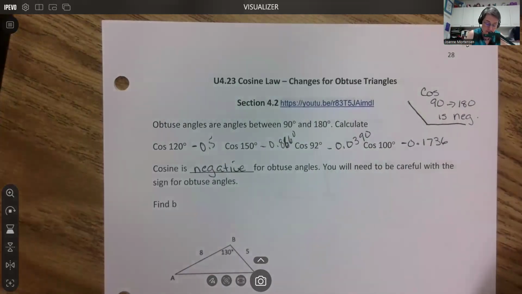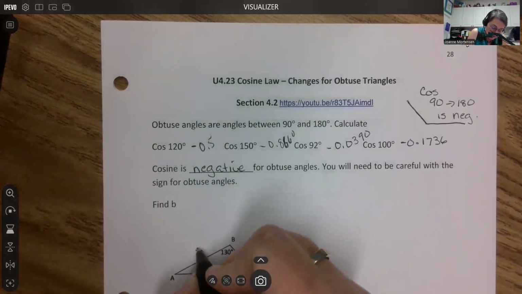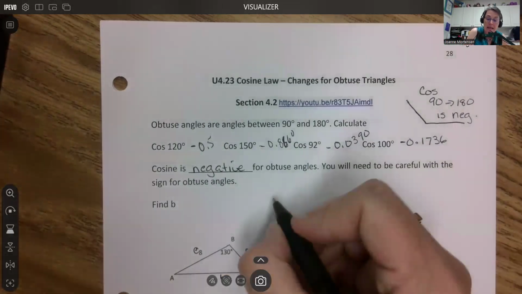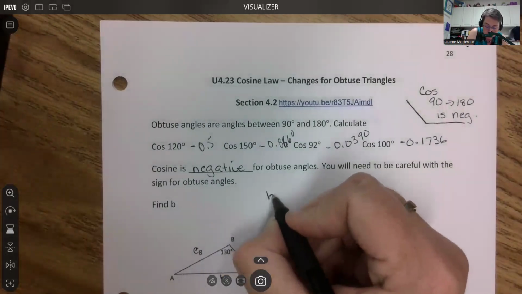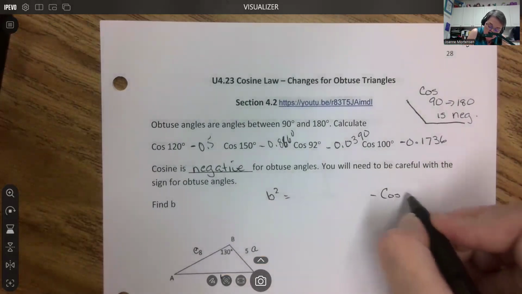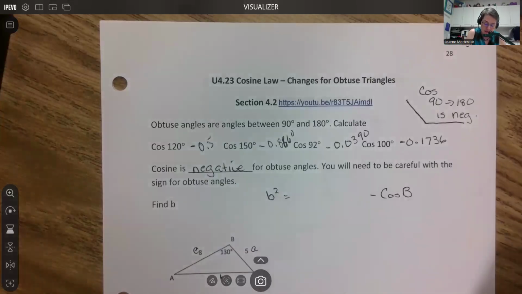All right, side B. So little b, little c, and little a. So I'm solving for side B. So b squared. I'm going to do it this way. I mess up my formula if I don't do it this way. So it's start and end, matchy matchy.